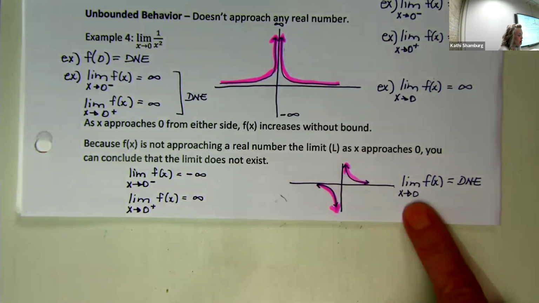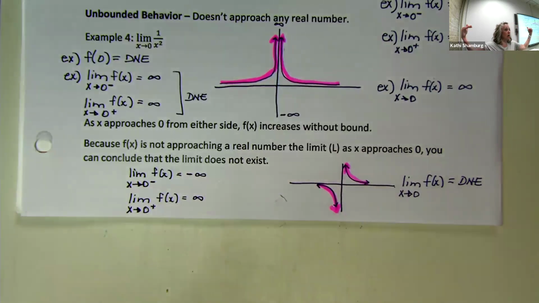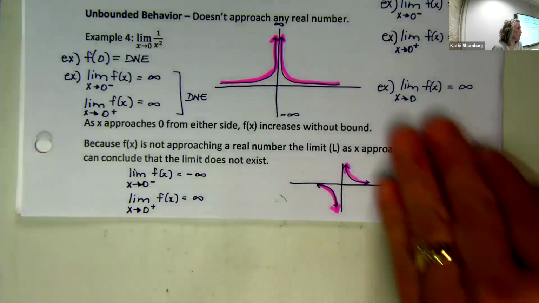If it asks with no plus or minus behind it, it's wanting to know what's going on from both ways. If they're not approaching the same thing, your only answer is does not exist. If they are both approaching positive infinity, then my answer would be positive infinity. Did that answer your question? Okay.